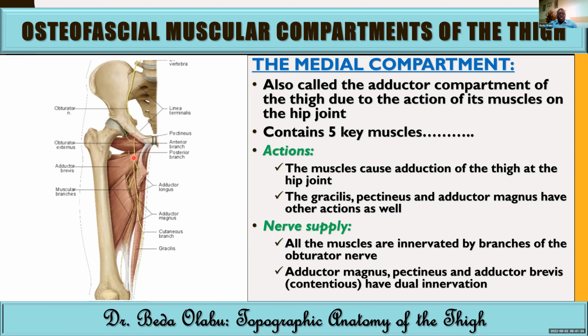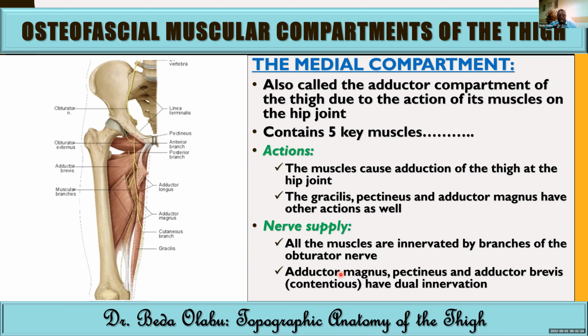It is important to note at this point that there are some muscles with dual innervation. When you say a muscle has dual innervation, it means there are two nerves supplying it. For example, adductor magnus, because a part of it is a hamstring, innervated by the tibial nerve, and a part of it is an adductor, innervated by the obturator nerve.